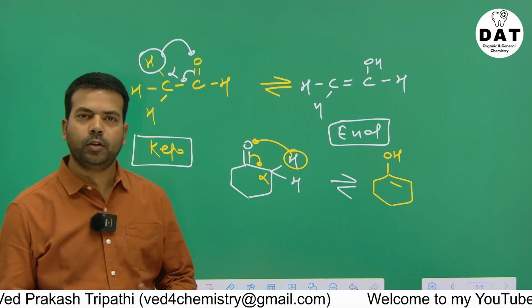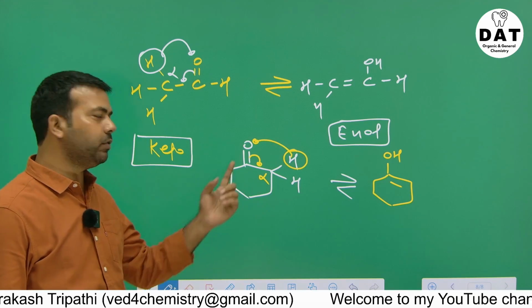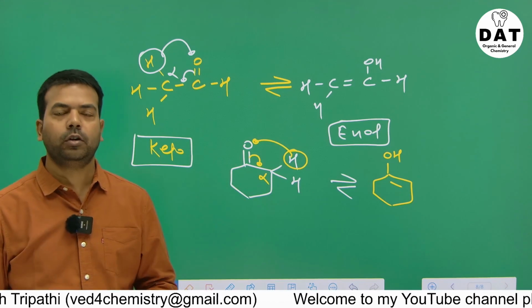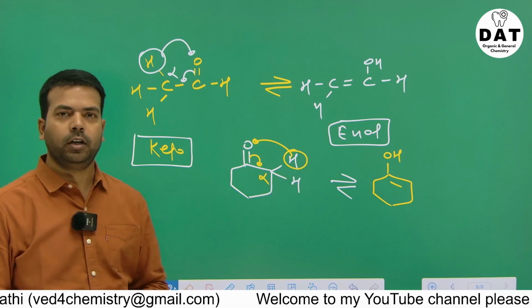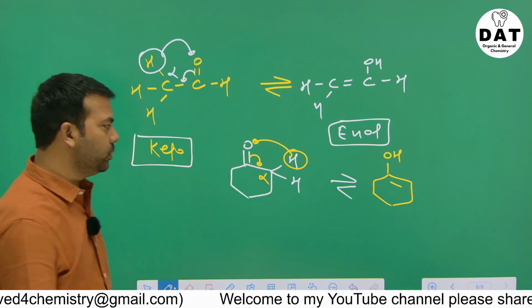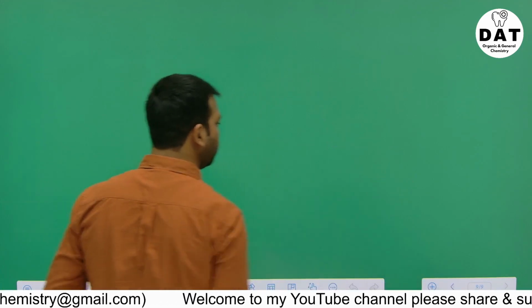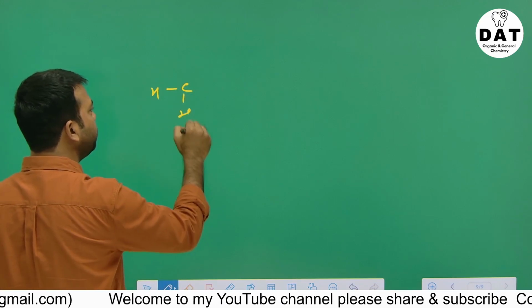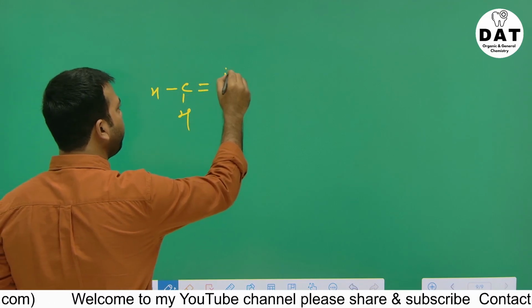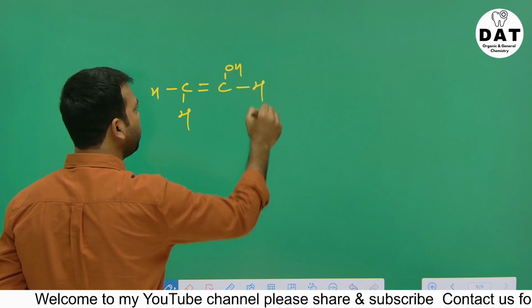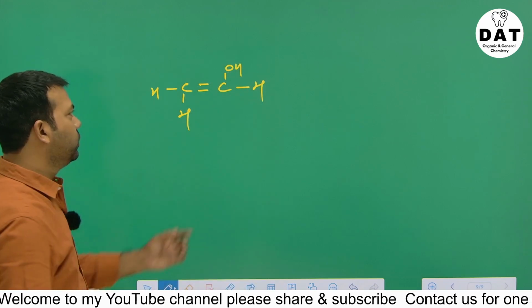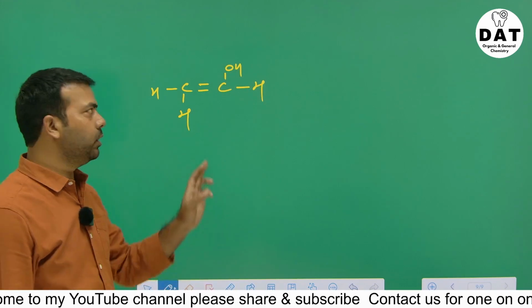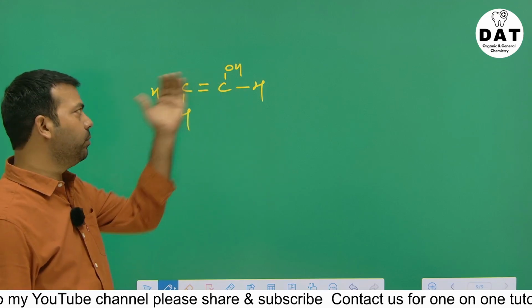Keto form is more stable than enol, especially whenever you have just one keto, mono keto. So whenever you have enol, it will shift to keto form because keto is more stable than enol. So I am going to tell you how to convert enol to keto. This one. You have to do the same thing, double bond back to the oxygen and hydrogen back to the alpha carbon.